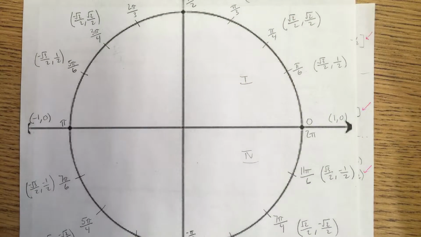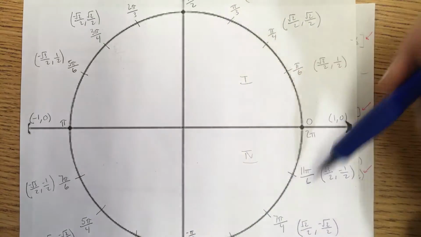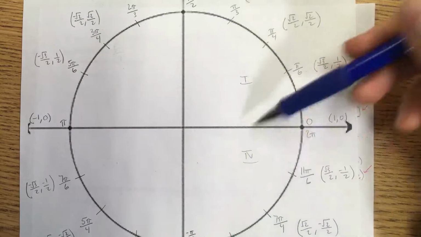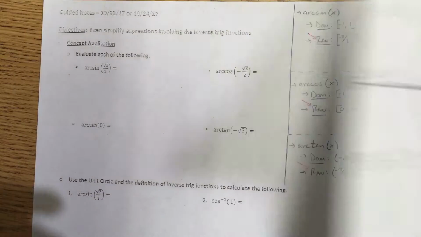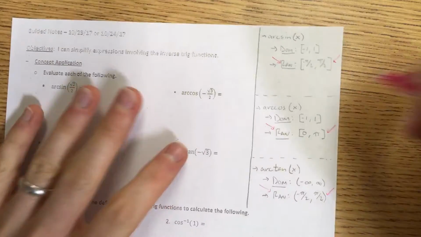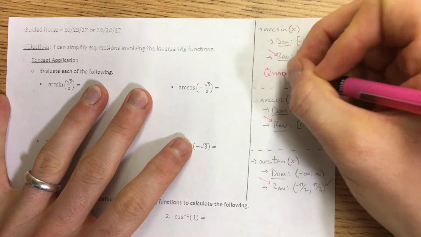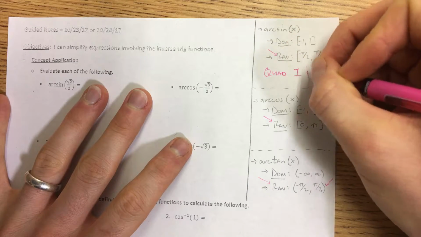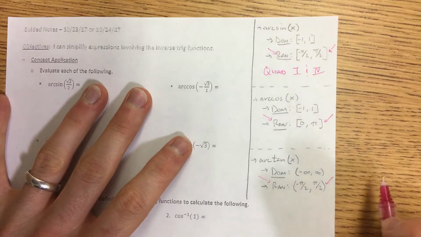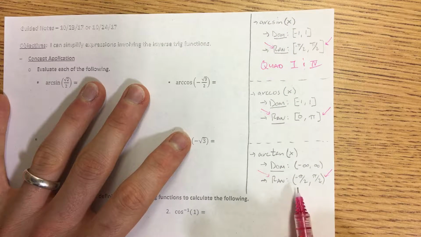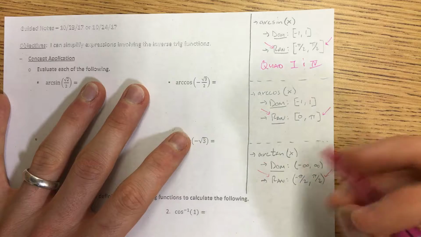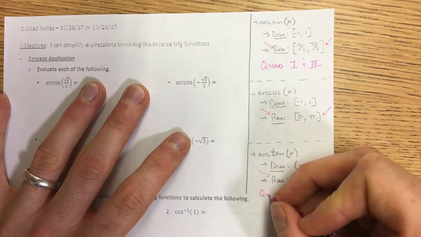So if we are evaluating arc sine or arc tangent, because the range is restricted from negative pi over 2 to pi over 2, we're only going to look in quadrants 1 and 4. A similar thing holds for arc tangent, because its range is from negative pi over 2 to pi over 2 as well.